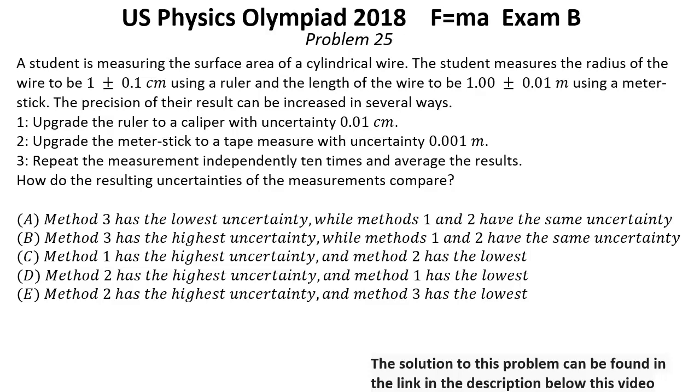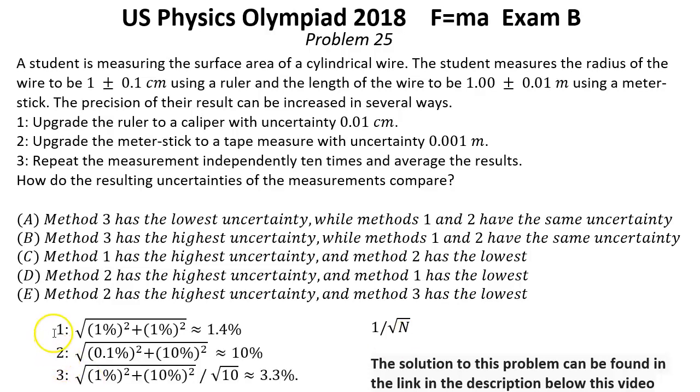Solution for problem number 25. In this solution we use fractional uncertainties. The fractional uncertainty of an average of n independent trials is decreased by a factor of 1 over the square root of n. The surface area is proportional to radius times the length, so we add the fractional uncertainties in quadrature.